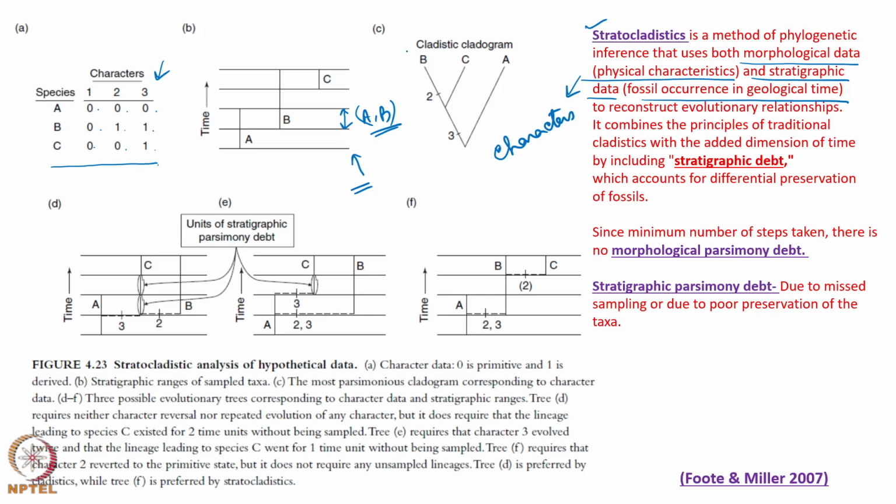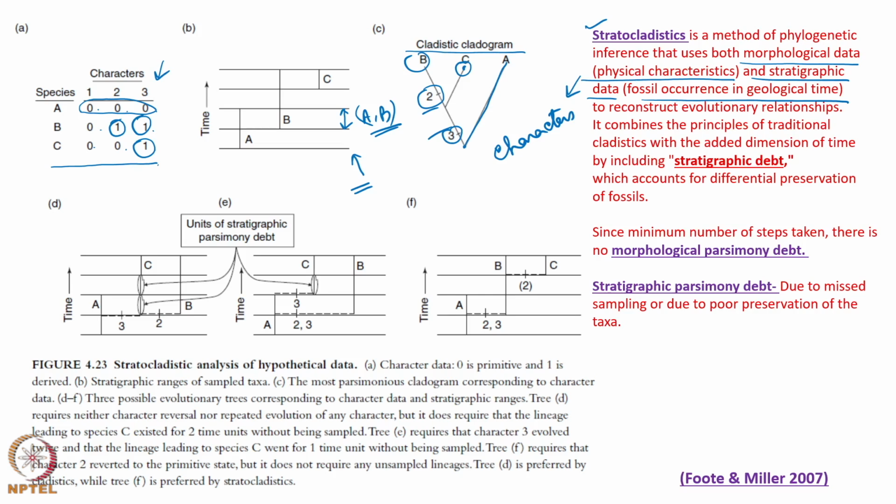A cladistic cladogram looks like this. A has got none of the characters, all zeros, whereas C has got only character 3 coming from here, and B has got characters 2 and 3 together, which is shown in this way.